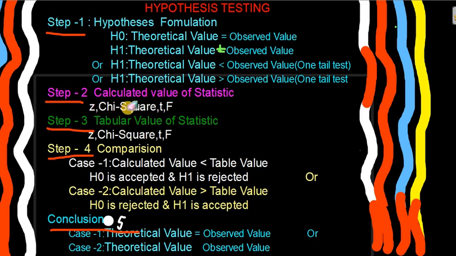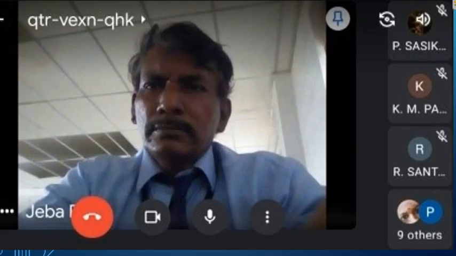Chi-square has its own tabular value. T has its own tabular value. F has its own tabular value. So for the given data, we have to find the tabular value. That is the third step in any test of hypothesis.